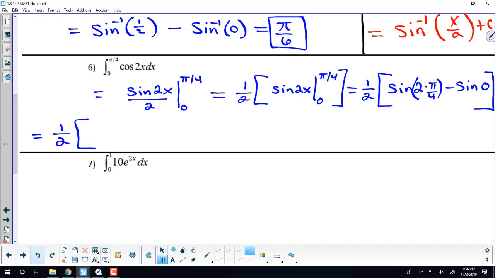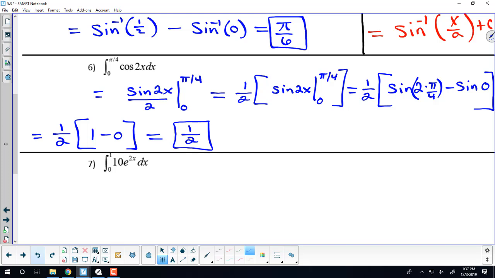So we have sine of pi over 2 minus the sine of 0, which is 1/2 times 1 minus 0. And so again, the 1/2 represents the net area on the cosine of 2x graph from 0 to pi over 4. Any questions on that?